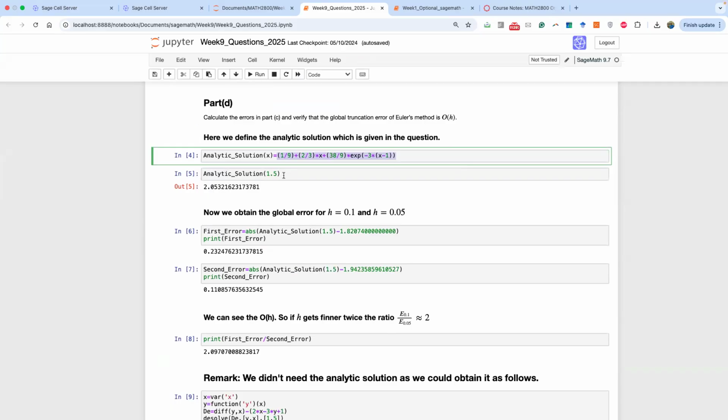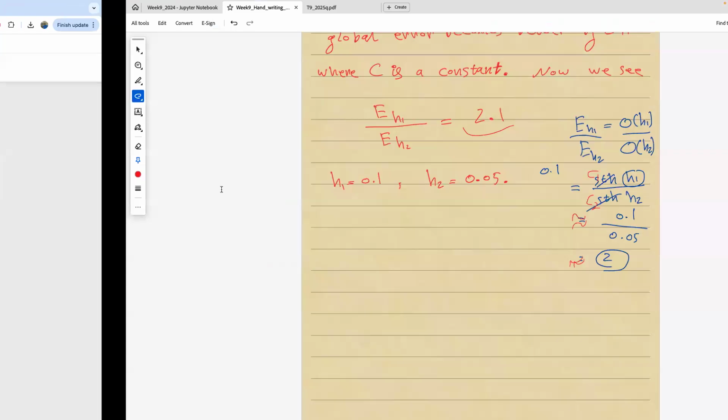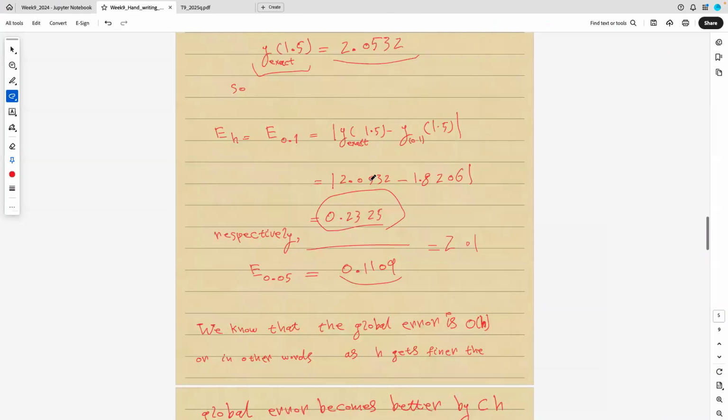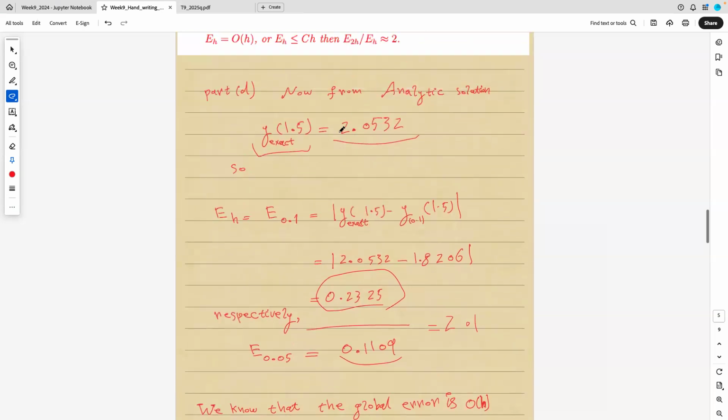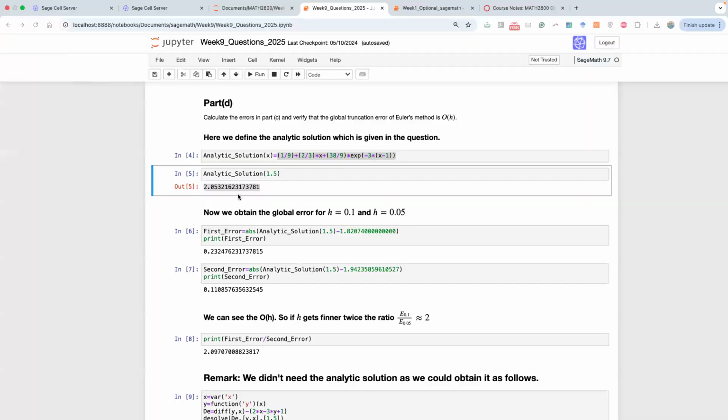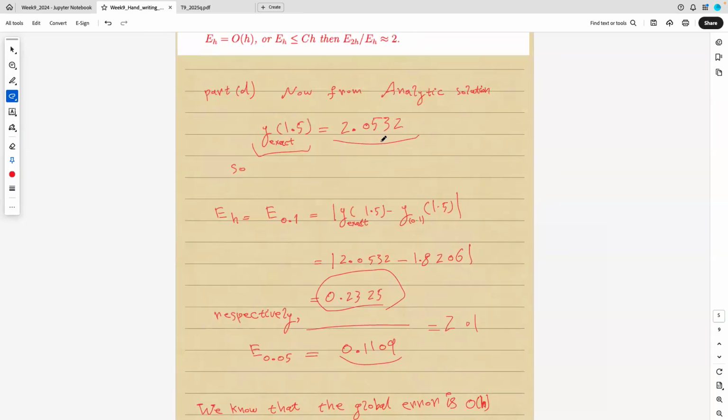So y of 1.5, the analytic solution at 1.5, is this guy. It's the same number here, 2.0532. I just copied it from this one and wrote it here.